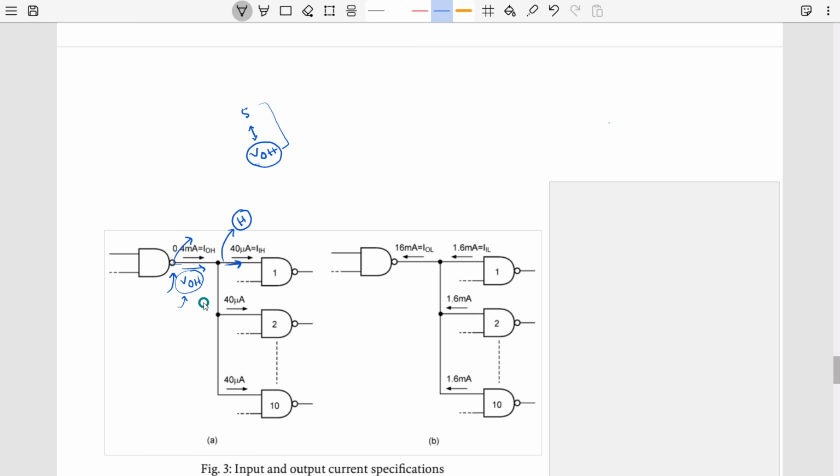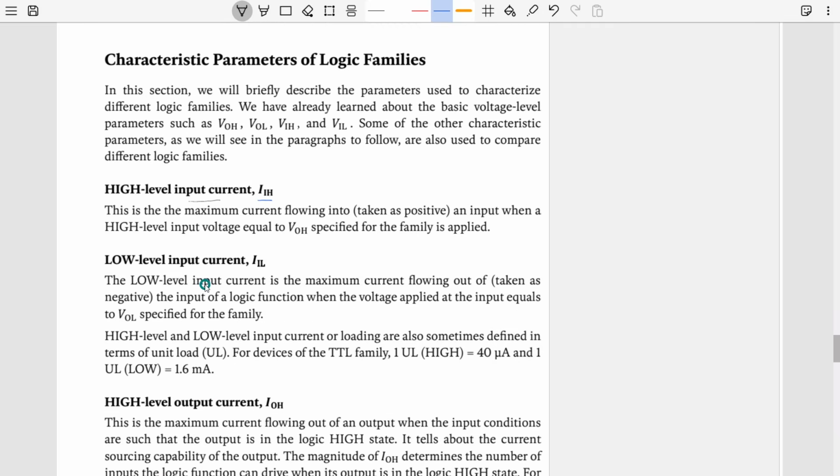Understand? So this is how we actually define those. That's why we are defining IIH using VOH. If I connect two gates here, the idea is we are going to measure IIH, the maximum current that this particular gate can consume if it is getting logic high.